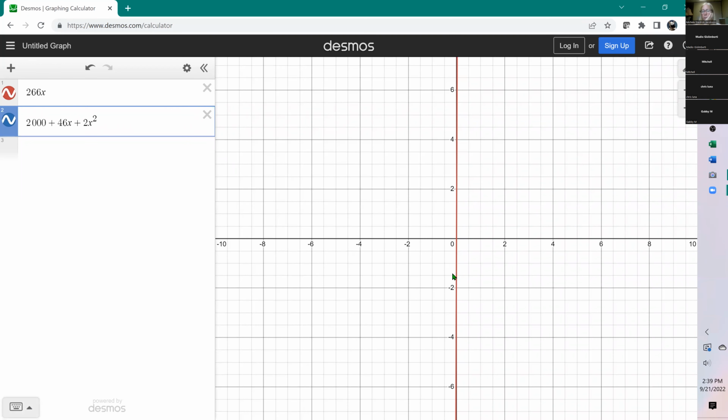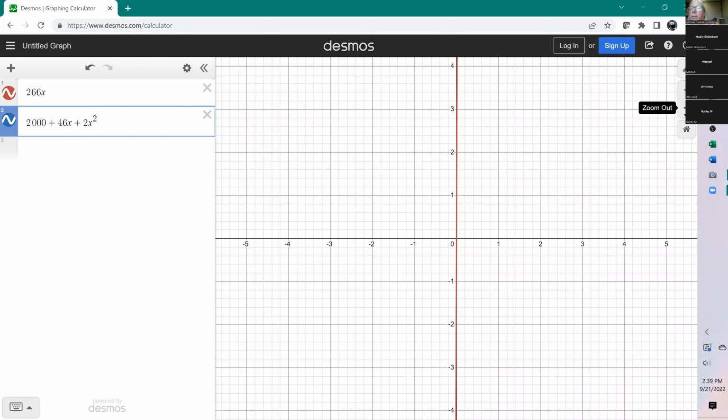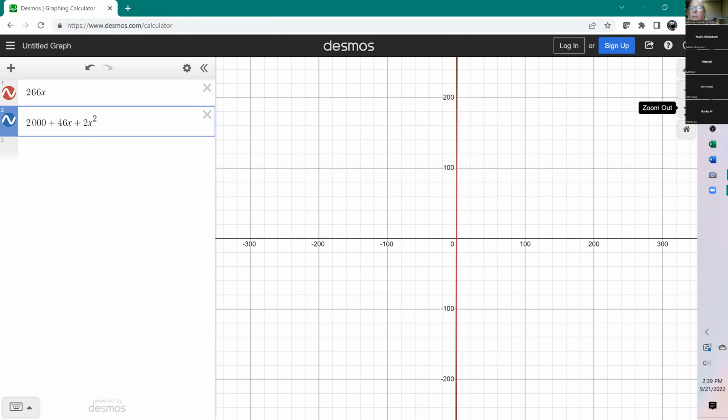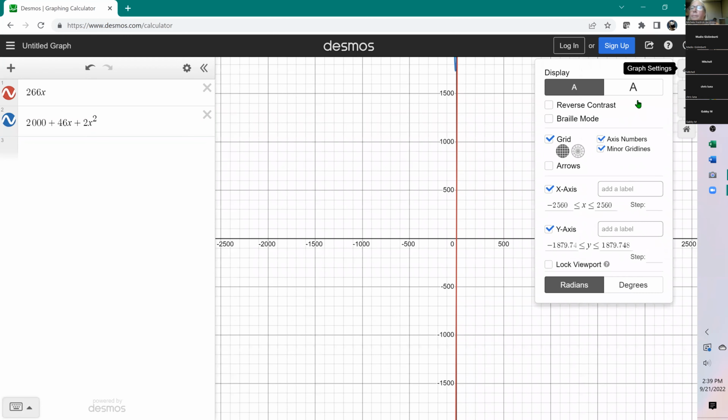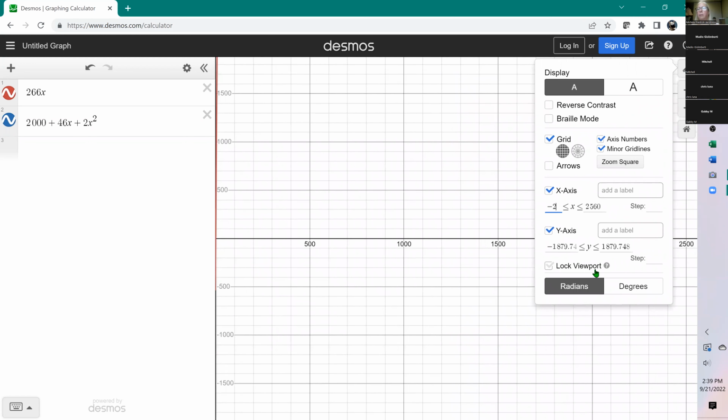Now, of course, it's not showing because of my units. So I'm going to go the other way. I'm going to make this -1, and this one x 150.